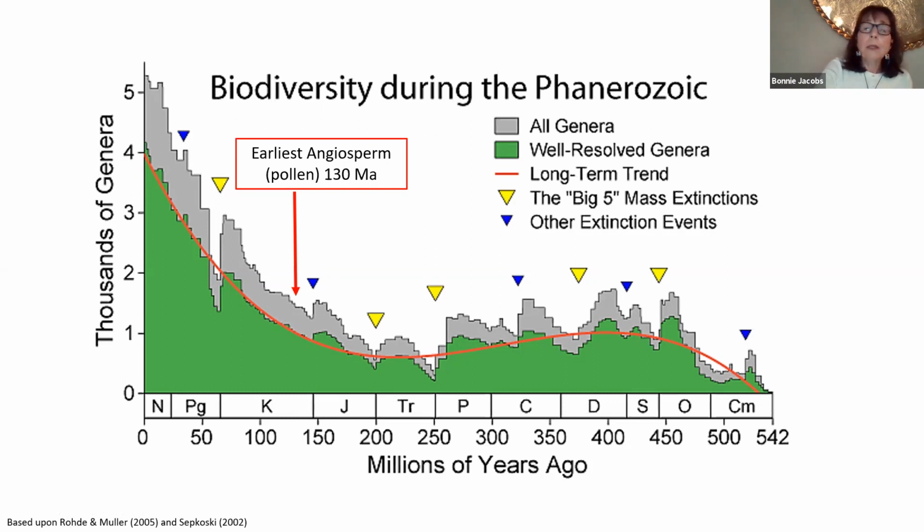And you see that the last great mass extinction occurred right at the boundary between the Cretaceous and the following period. And I will mention that again later. But most scientists now agree, there's a consensus, that we are currently experiencing the 6th mass extinction.